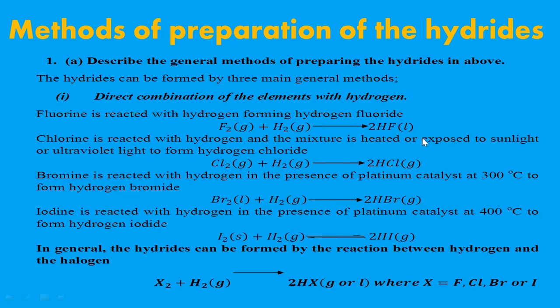Chlorine with hydrogen, and the mixture heated or exposed to sunlight, forms hydrogen chloride. Bromine heated with hydrogen in the presence of a platinum catalyst forms hydrogen bromide, and iodine in a similar way. So you remember those reactions. That's one method that you can use to prepare the hydrides. You can give it in a general way as shown by the equation there.